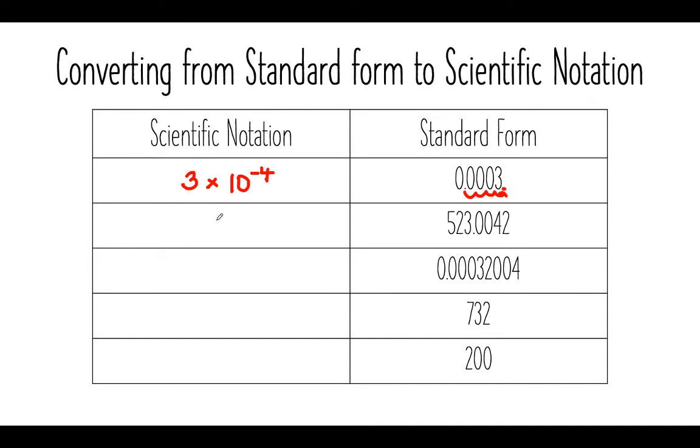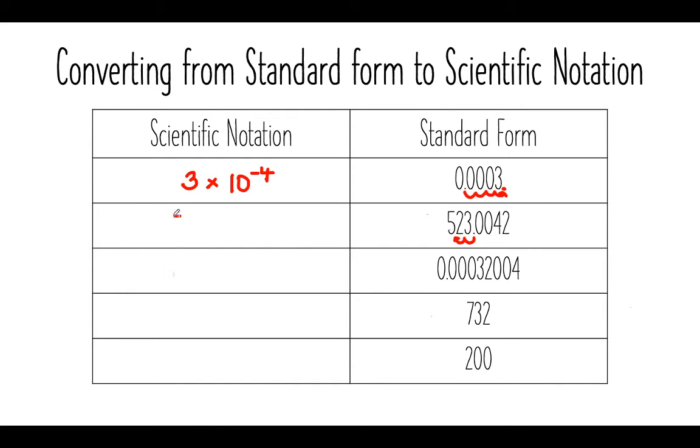So the next example, 523.0042. Now there's plenty of non-zero numbers, but I need it to be after the first non-zero number. And starting from left to right, my first non-zero number is 5. So the decimal place from where it is right now needs to go immediately after the 5.